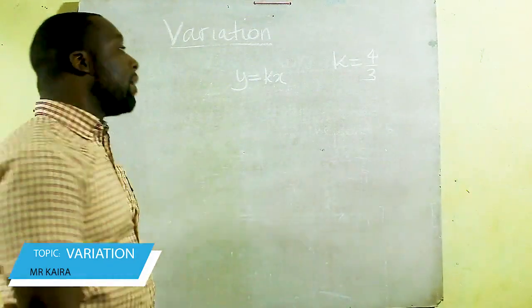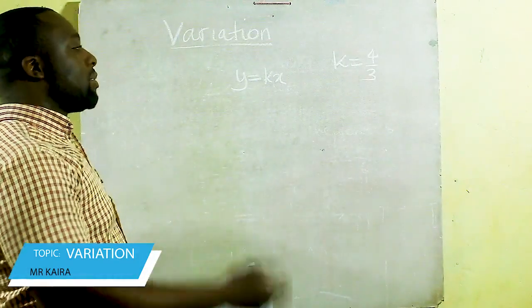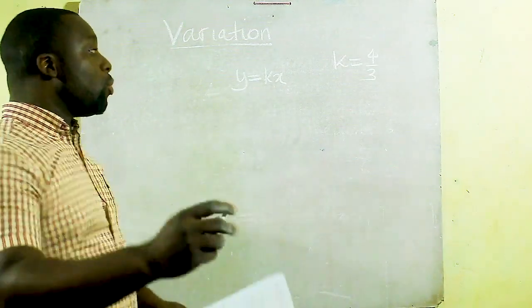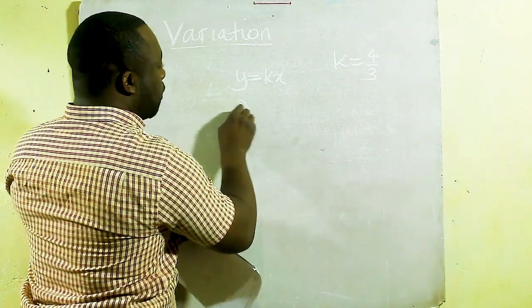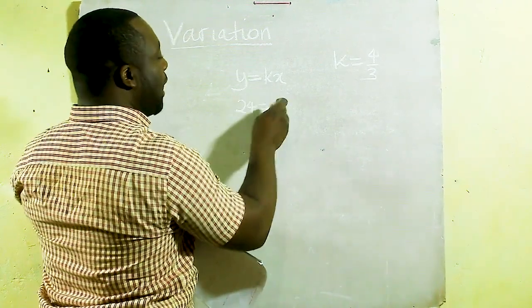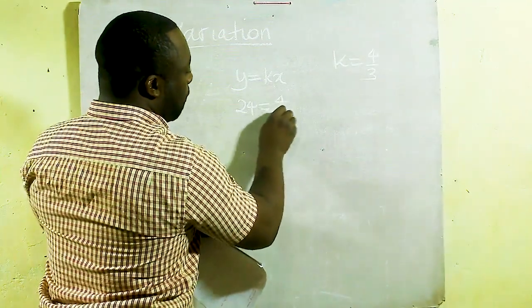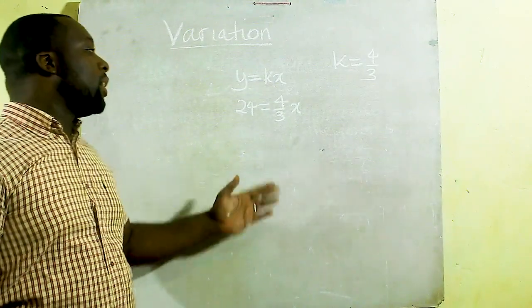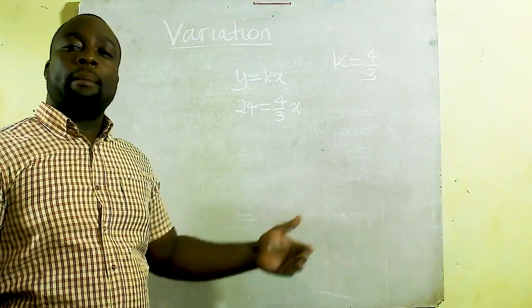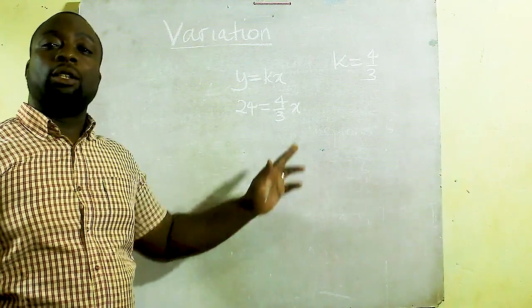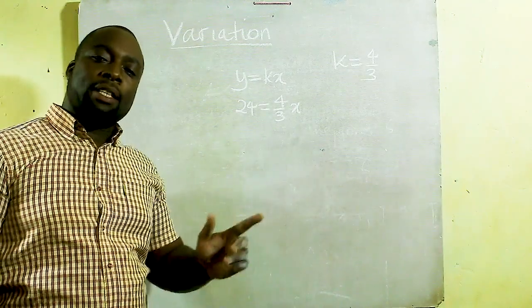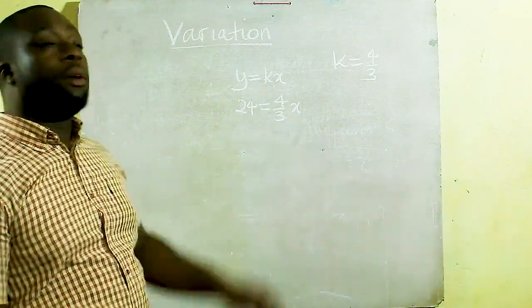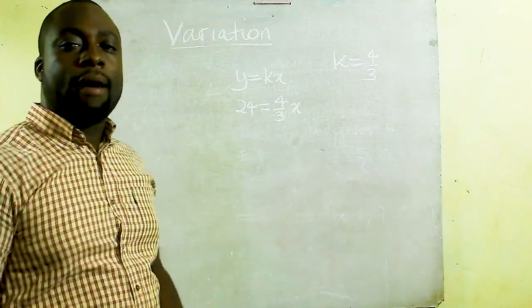So we place 24 equals k, which is 4/3, times x. Now we need the reciprocal, or the multiplicative inverse, of 4/3, the number such that when you multiply it by 4/3 we get 1, so that we remain with x, or make x the subject of the formula.